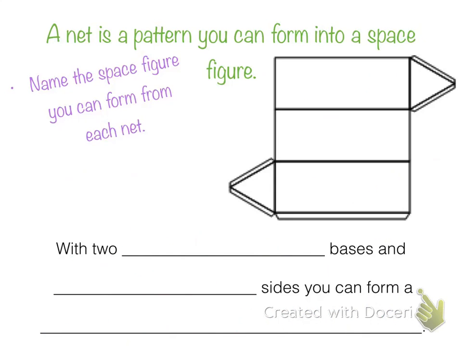Okay, our next net, again, we need to look for our bases, which for this one, they're not quite as obvious as some of the other nets are. But we'll go ahead and identify our bases. So our bases are actually these guys that jet out on the sides. So we have two triangular bases.